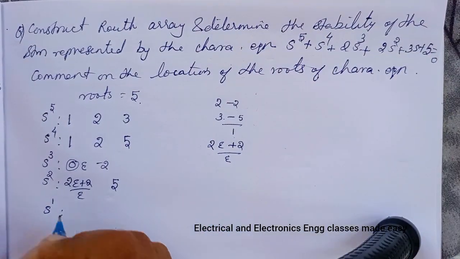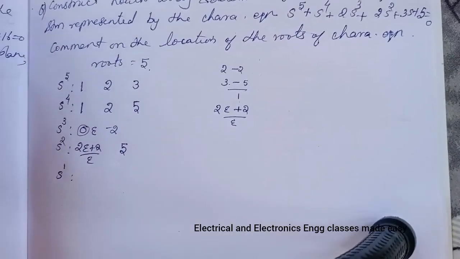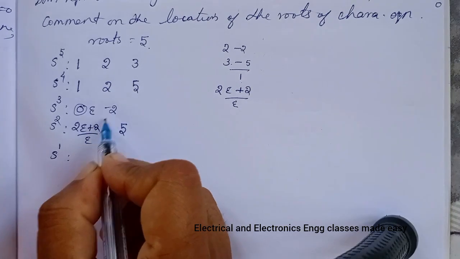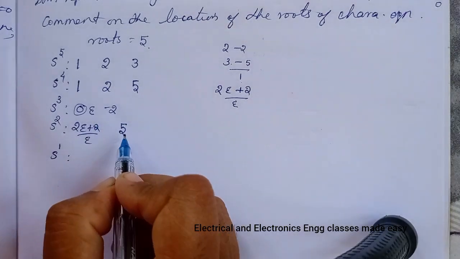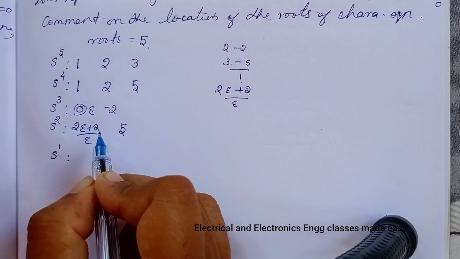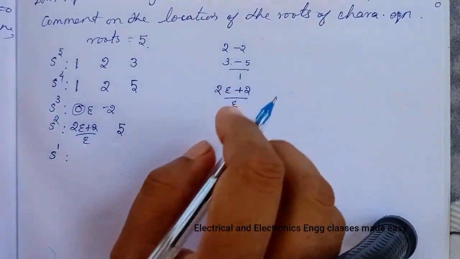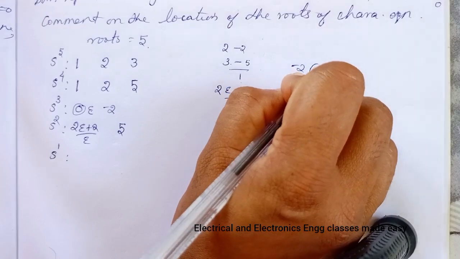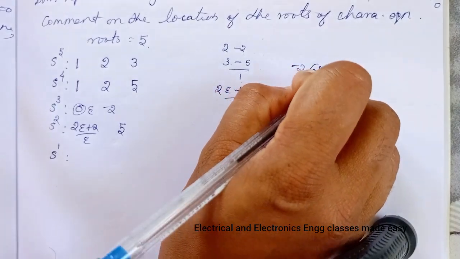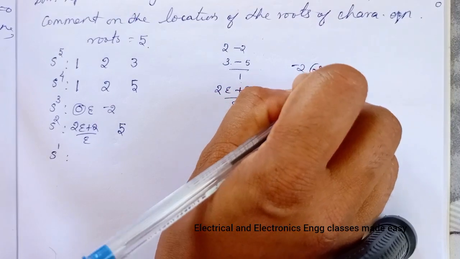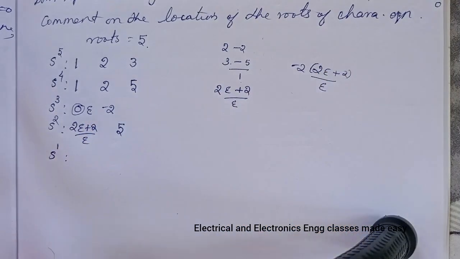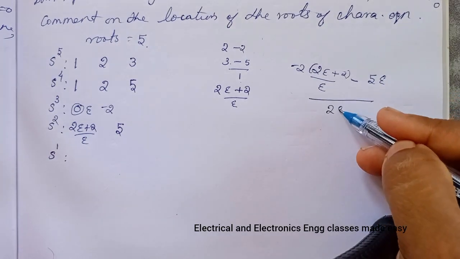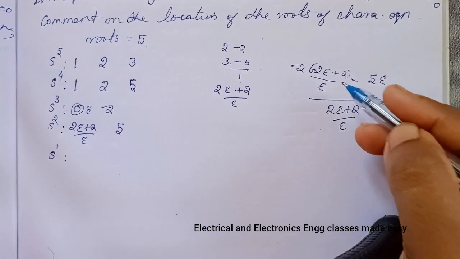Next element is s raised to 1. So s raised to 1 is obtained, that is multiply these two minus these elements divided by this one, that is we can write minus 2 into (2 epsilon plus 2 divided by epsilon), then minus 5 epsilon, divided by (2 epsilon plus 2 divided by epsilon).